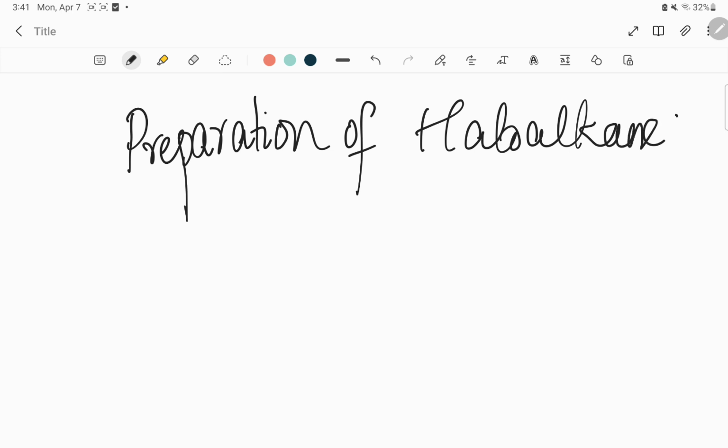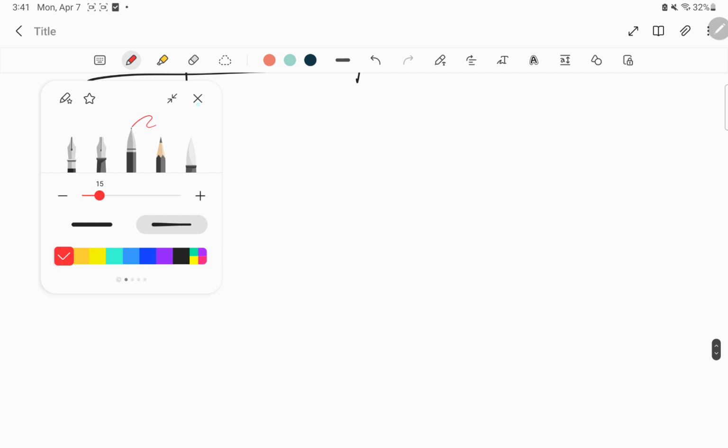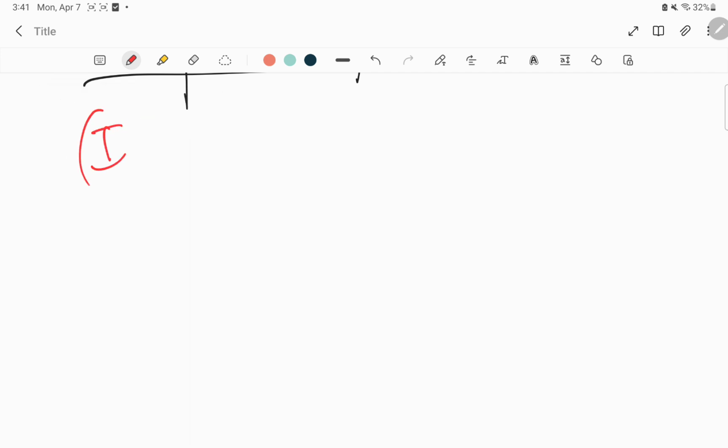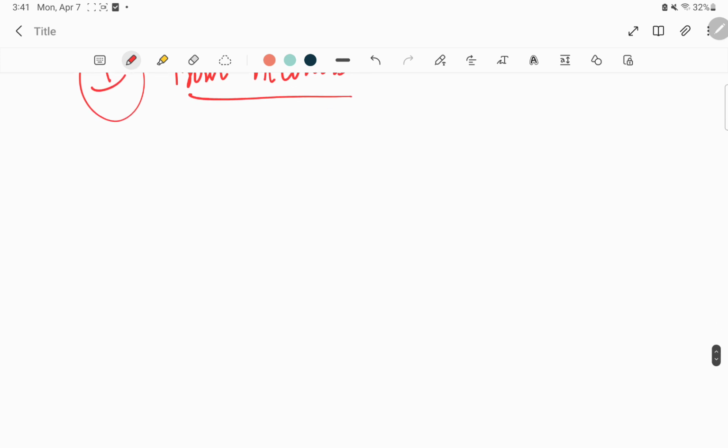So first we have preparation from alcohols. So how can we prepare haloalkanes from alcohols?